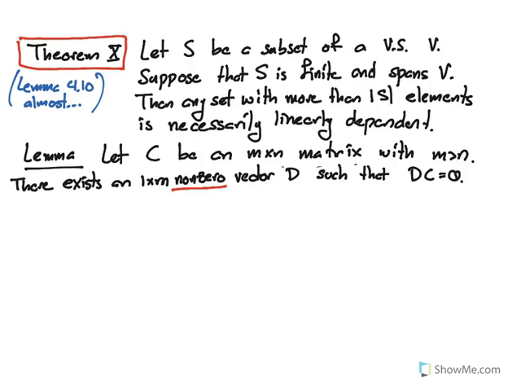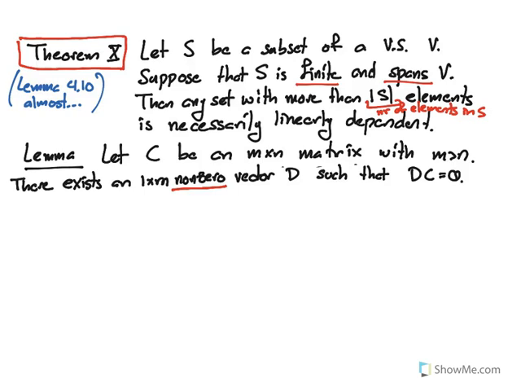So what does this theorem say? It says that if we have a vector space V with a subset S, and there are 2 assumptions on S: one is that it's finite, the other is that it's a spanning set. Then if you take any set that has more elements than S does, where recall this means the number of elements in S, then that is necessarily a linearly dependent set.